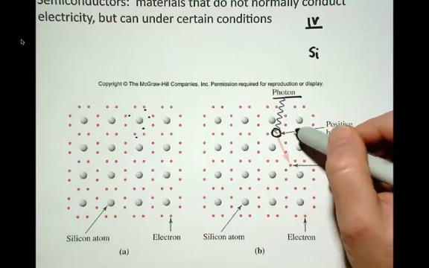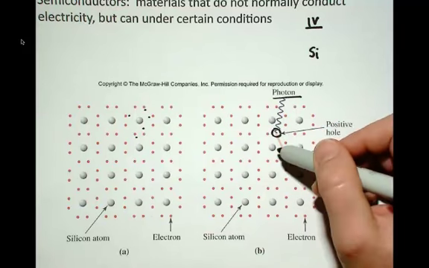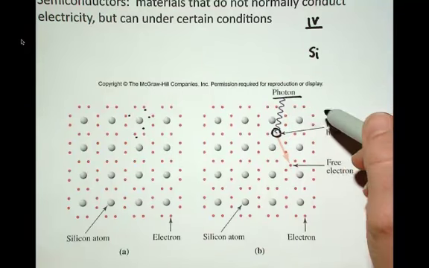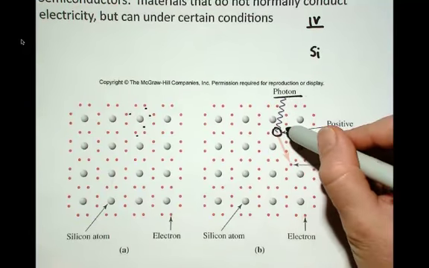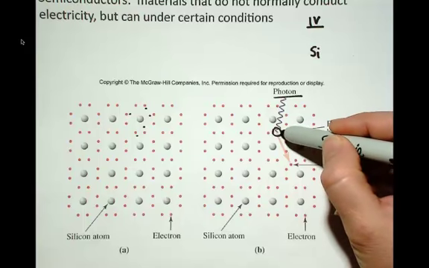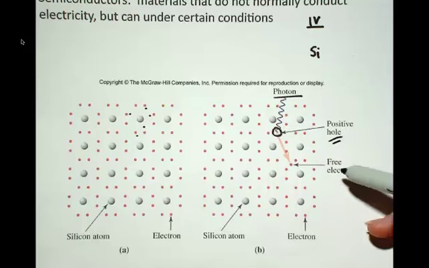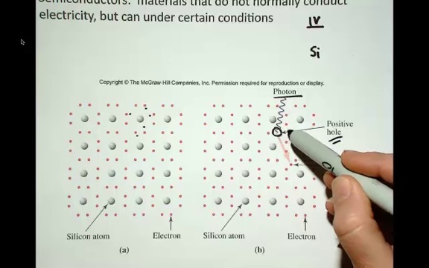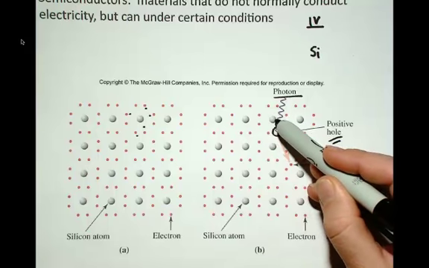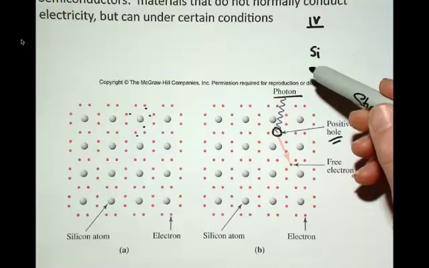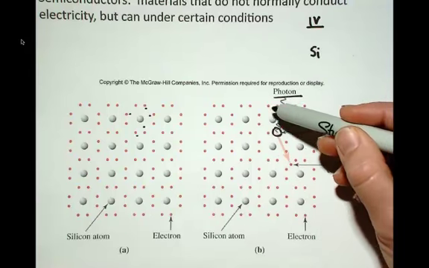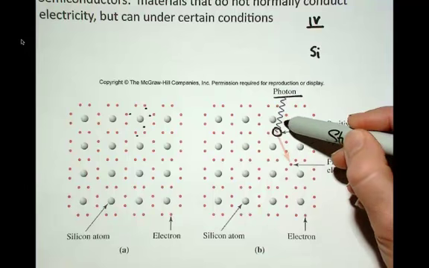Okay? Now, obviously, this is happening at the surface of the solid, where it's exposed to, in this case, a photon of light. When the electron moves out of its position where it was, it's called a positive hole, because it's left a place where now the charge on this particular silicon atom is going to be slightly out of balance. And when you set that up, you're going to set up a potential which is going to cause another electron to try to move into its place.